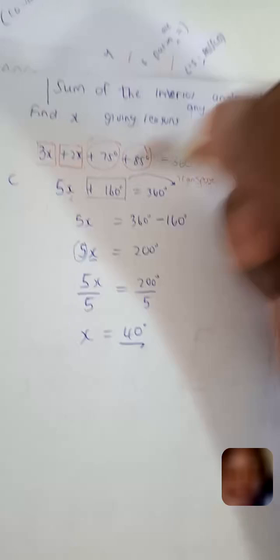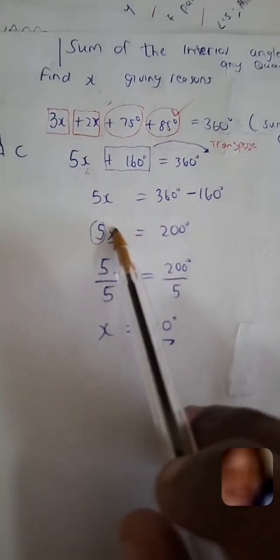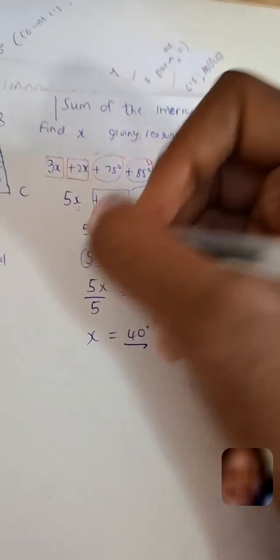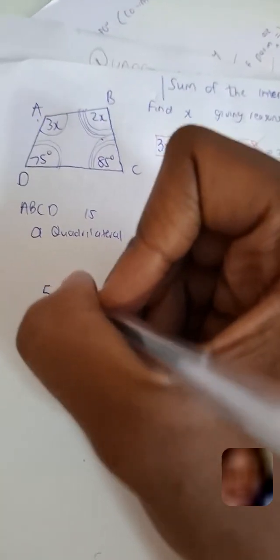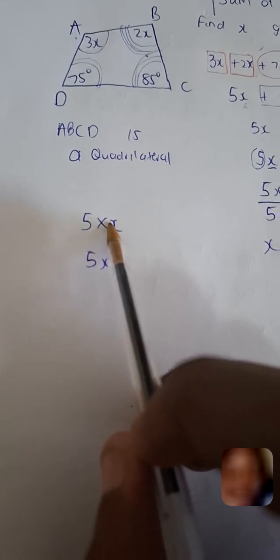This 5 and this x, they are combined together. But what you need to ask yourself is what combines 5 and the x? 5 and x are multiplied together. It's like saying 5 times x. That's what combines the 5 and the x. It's multiplication. Okay?